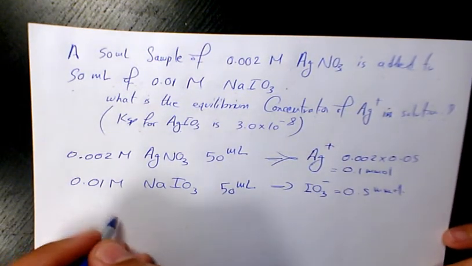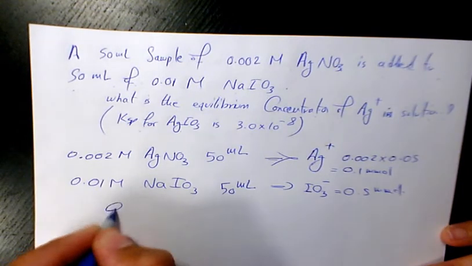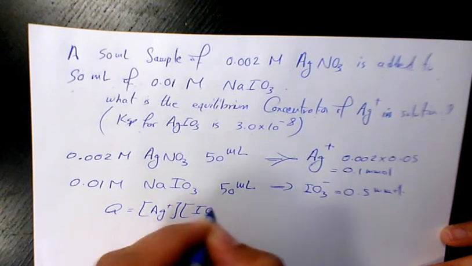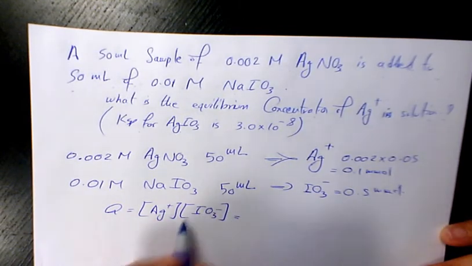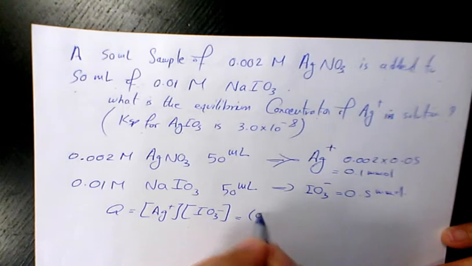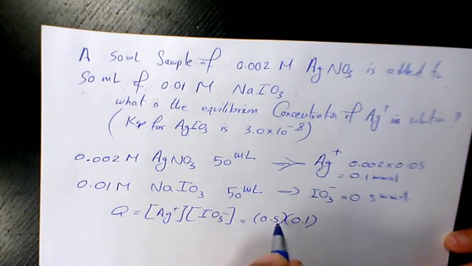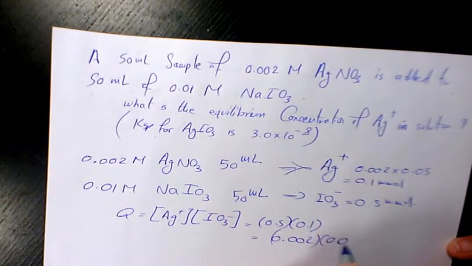Now Q is Ag times IO3. When you multiply them, it's going to be 0.5 times 0.1 divided by volume squared, which is going to be 0.002 times 0.01.